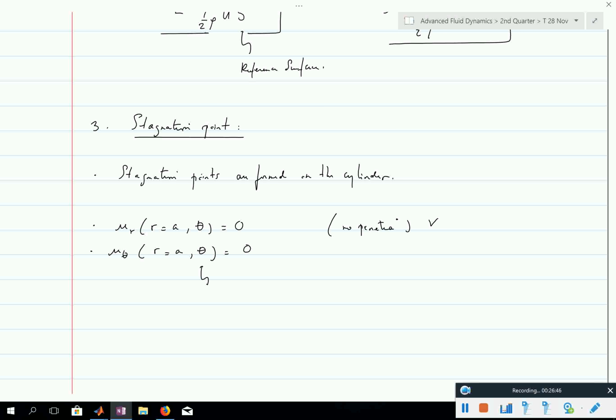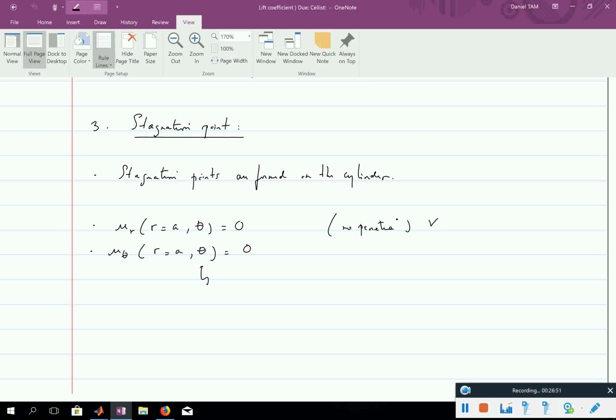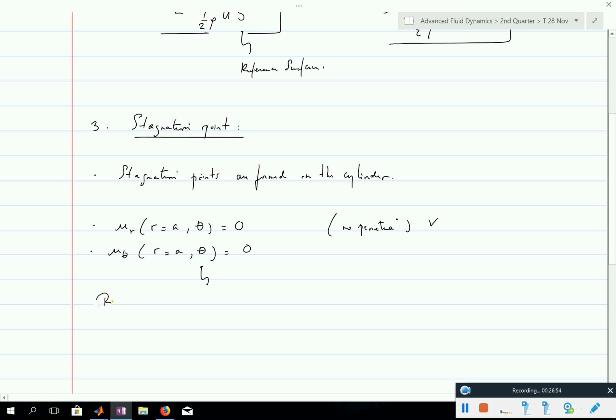Okay, so now this is no longer written, so I have to pull it out. Now let's just recall that for the flow around the cylinder, we had the following expression: u_theta is equal to minus U times 1 plus a squared divided by r squared times sine of theta, minus gamma divided by 2 pi r.